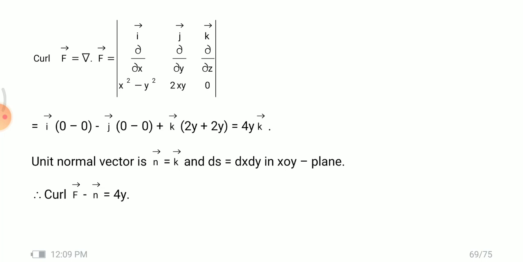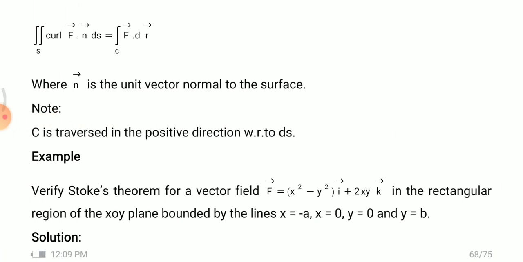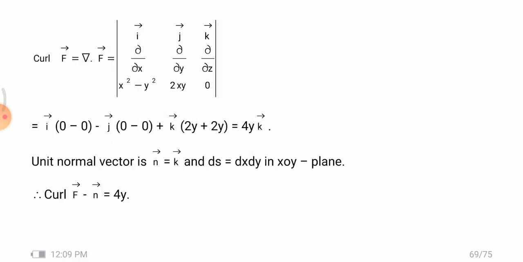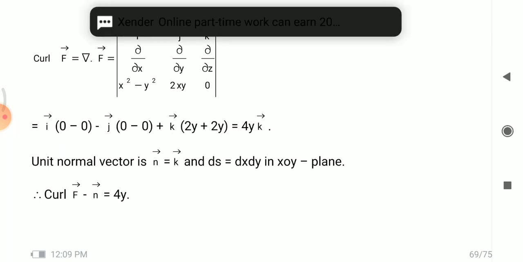And the unit normal vector for this question is n vector equal to k vector, because the given rectangular region lies on the xy plane. Xy plane means n vector equal to k vector.